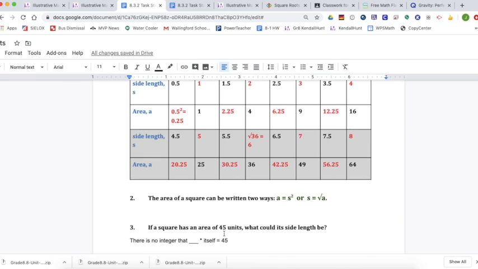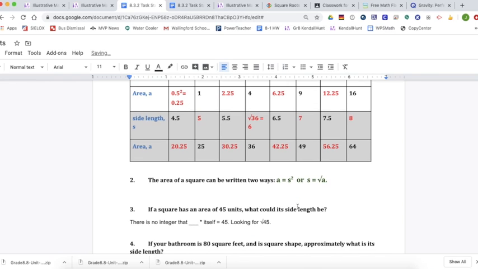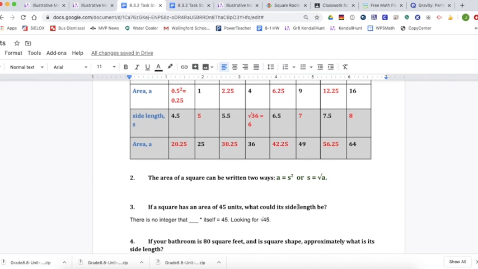So basically, I'm looking for the square root of 45. This is something we should be able to do mentally. If you give me the calculator definition, that's not how we do it, so don't do that. But looking for the square root of 45, let's see, if my area was 49, my side length was 7.